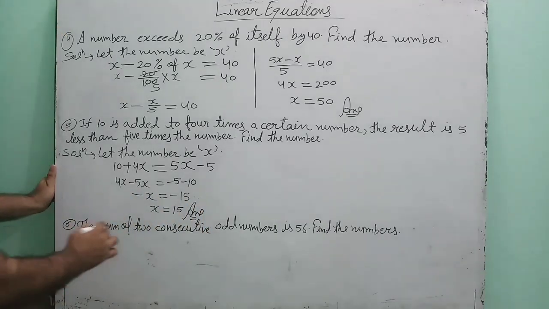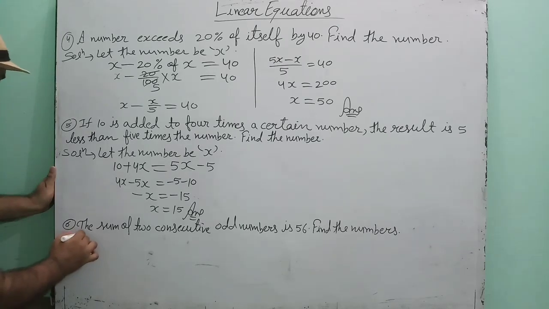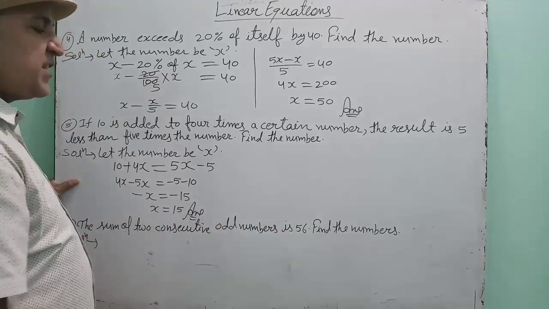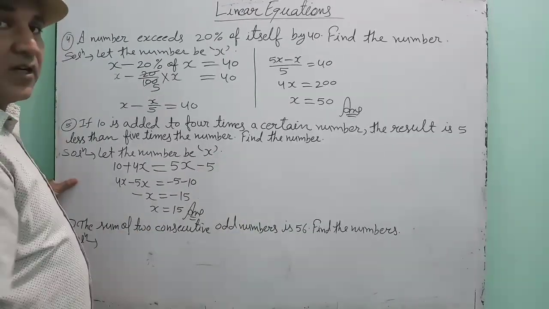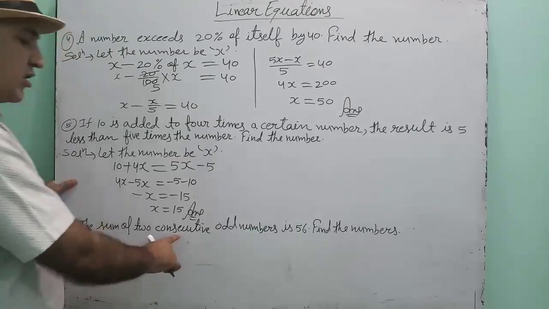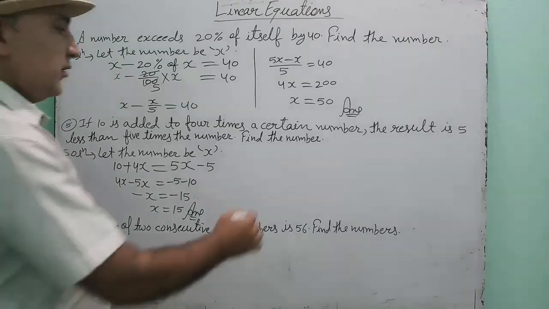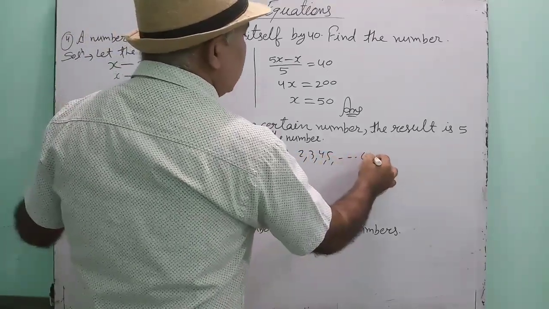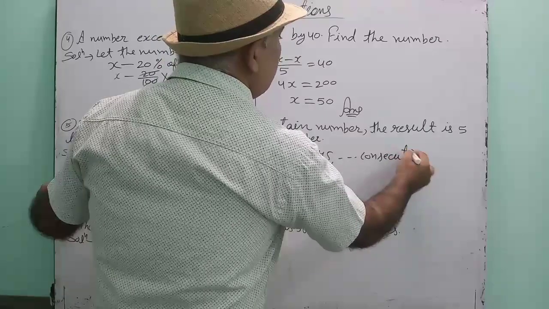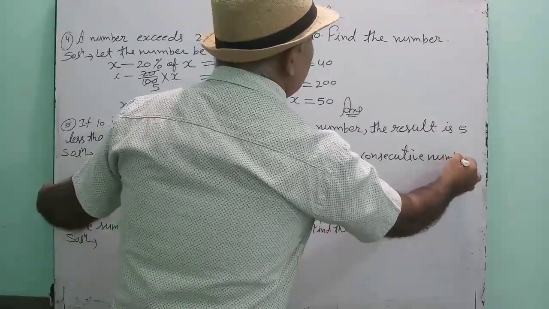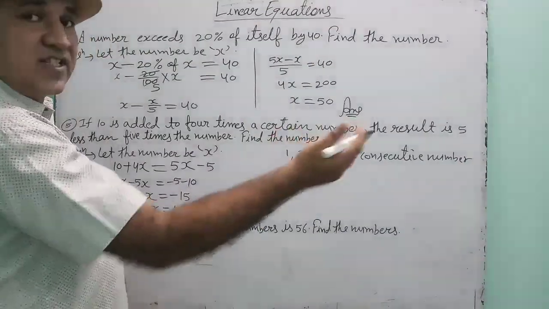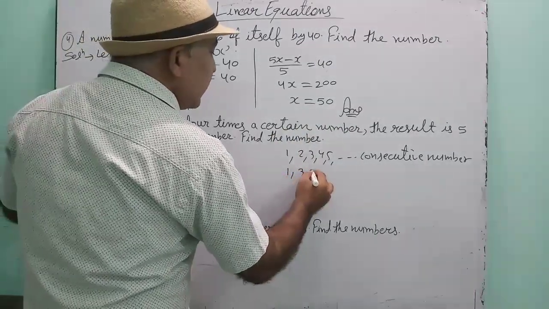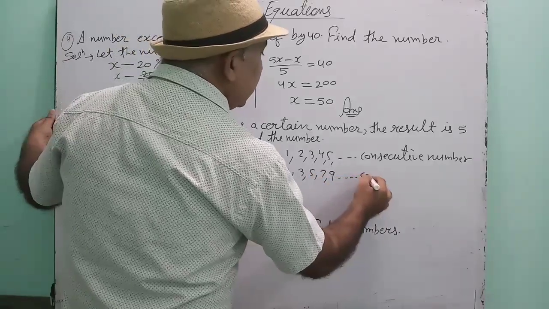Okay. Now see this one. The sum of two consecutive odd numbers is 56. Then find the numbers. Children, do you know what consecutive numbers are? See here. 1, 2, 3, 4, 5. These are called consecutive numbers, means numbers which continue. 1, 3, 5, 7, 9.